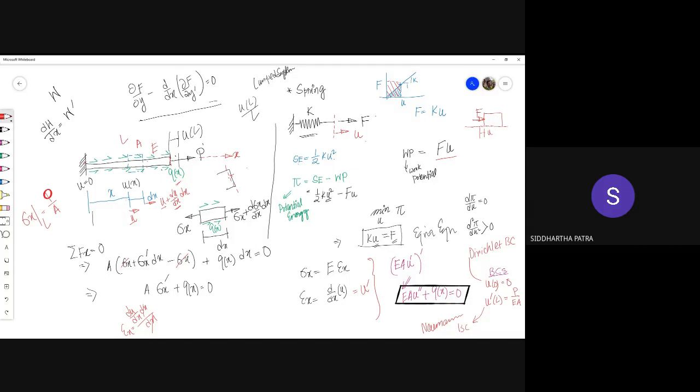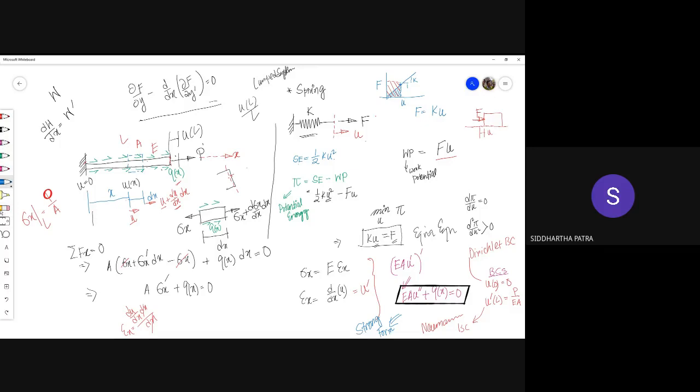So this differential equation along with this boundary condition forms something called a strong form. What is the strong form? We'll come to this later. Why is it a strong form? We'll come to this even later. Okay. Now keep this thing in mind. Okay.